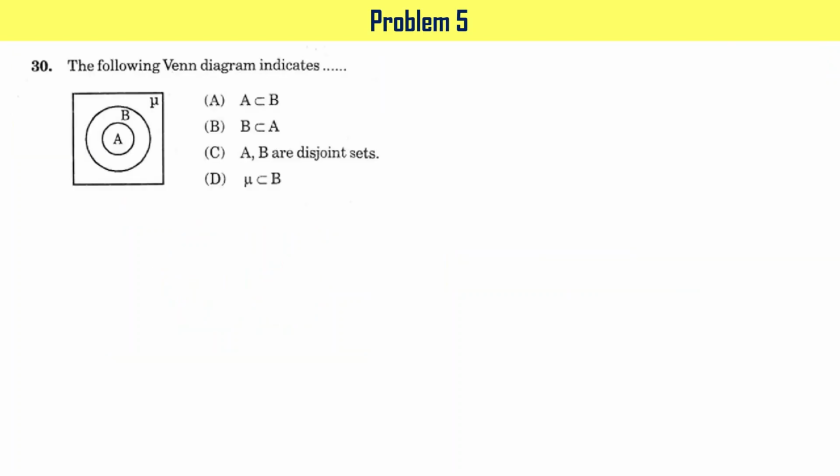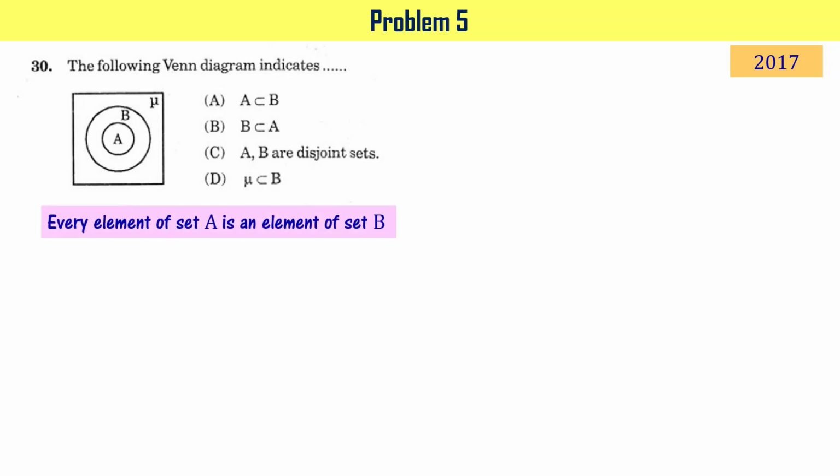Let's go to the next problem, that is problem number 5. The following Venn diagram indicates what is the question. It is from year 2017. As you see here, every element of A belongs to set B also, right?